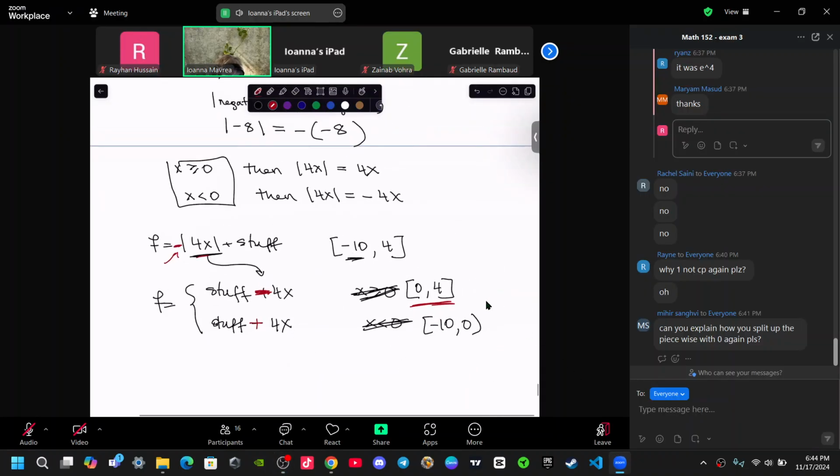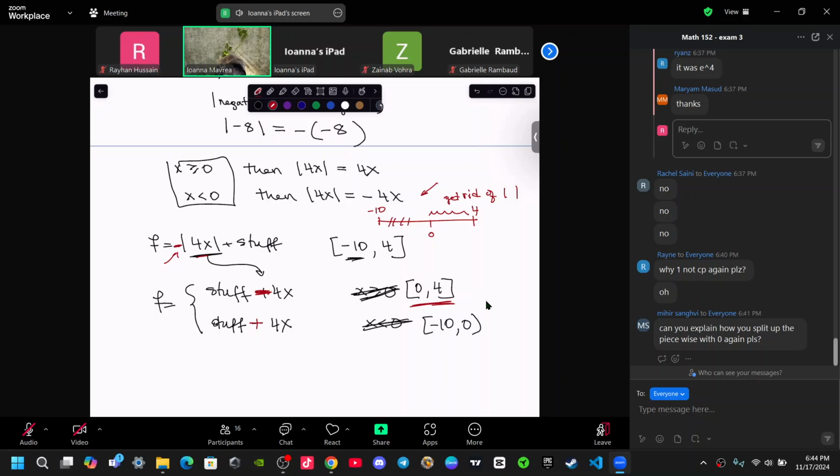So if you have an original domain that went from -10 to 4, and you have an absolute value in the function, you check where the 0 is, and here, get rid of the absolute values and do nothing else.